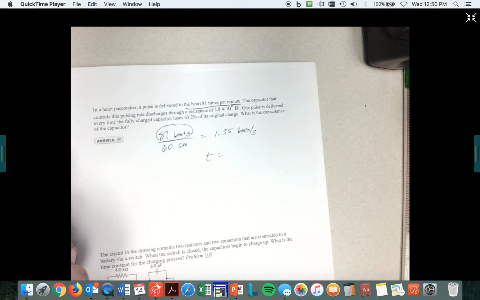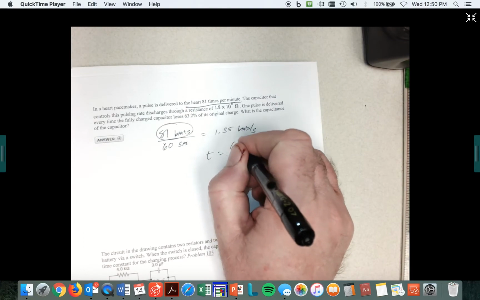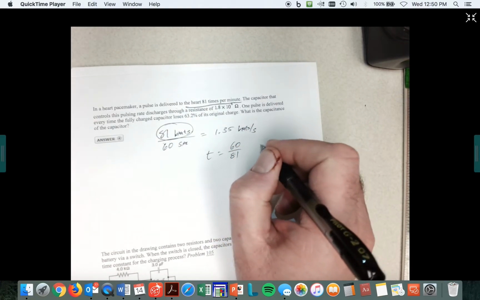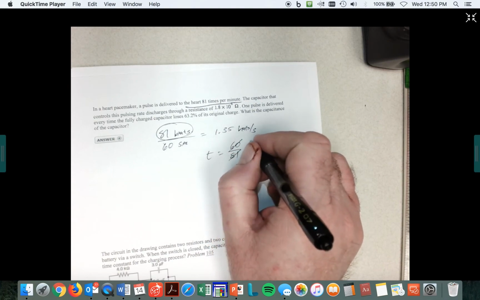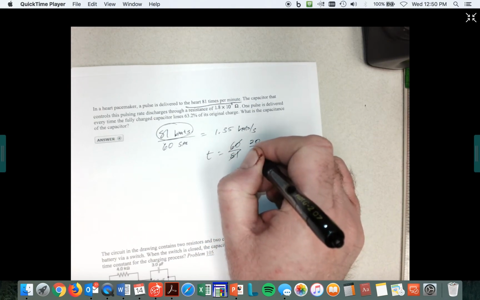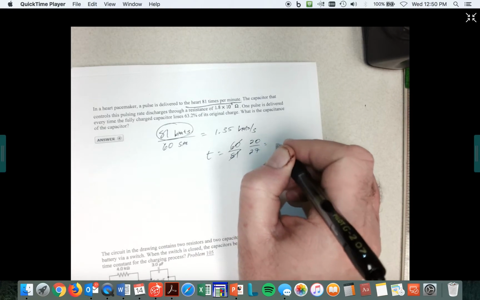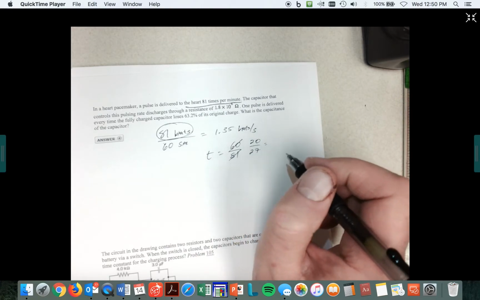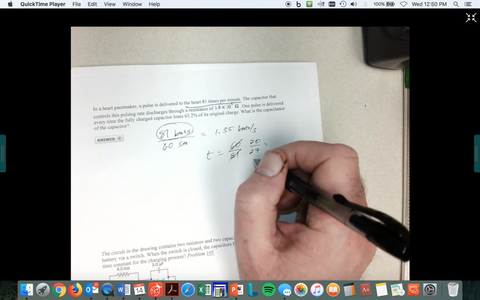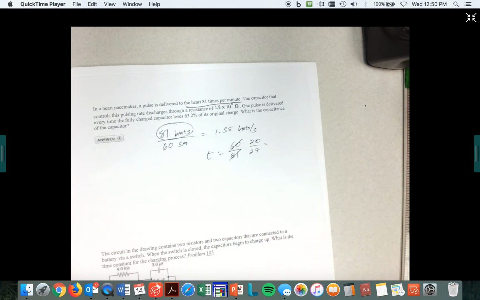So it's actually 60 over 81. Hey, this is divisible by 3, isn't it? We get 20 over 27. That can't get any smaller than that.